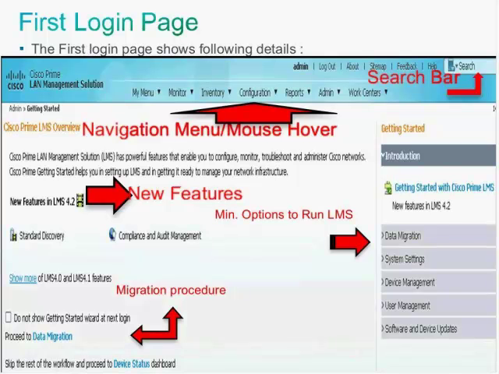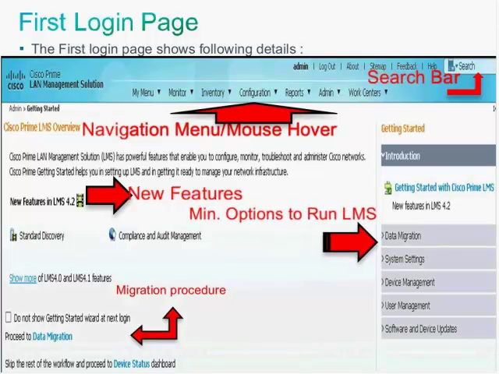With every new release, we show the new features which are integrated into the new releases, be it a patch upgrade or a major release of CiscoWorks. By clicking here, you'll be able to see what the new features are, and there will be certain training information available for them.